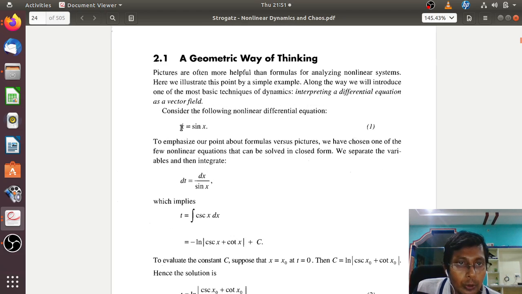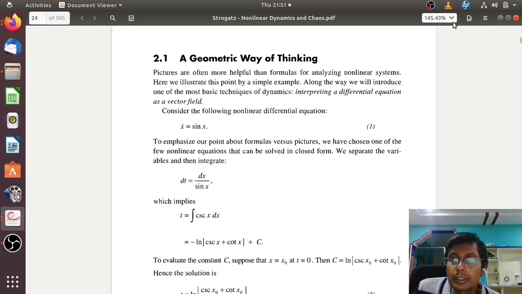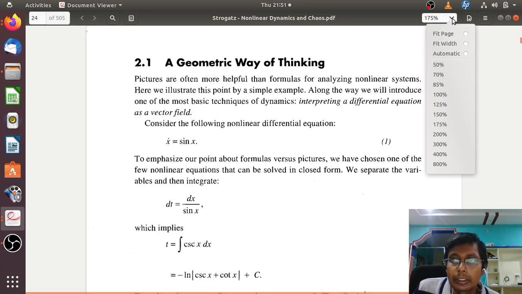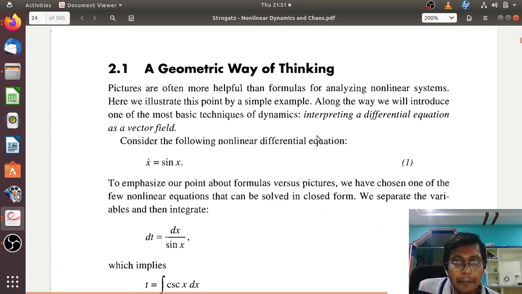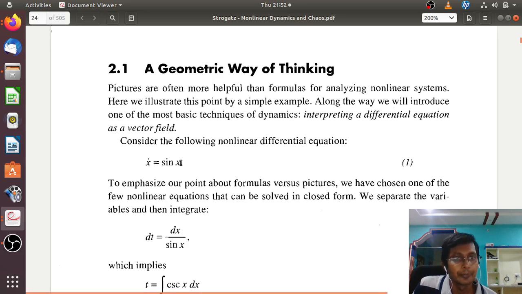Let's look at this equation. Let me slightly increase the size. So this is the differential equation: x dot is equal to sine of x. And for this differential equation I want to know what x is as a function of t.